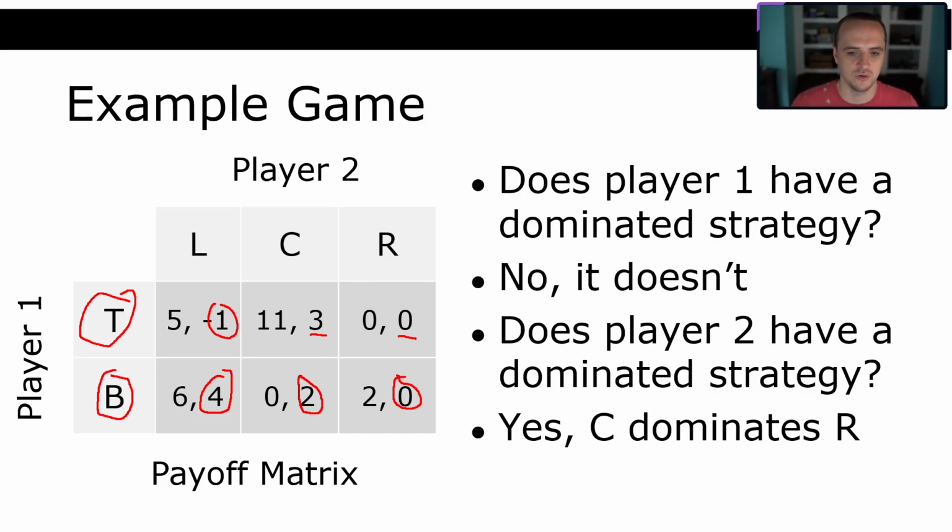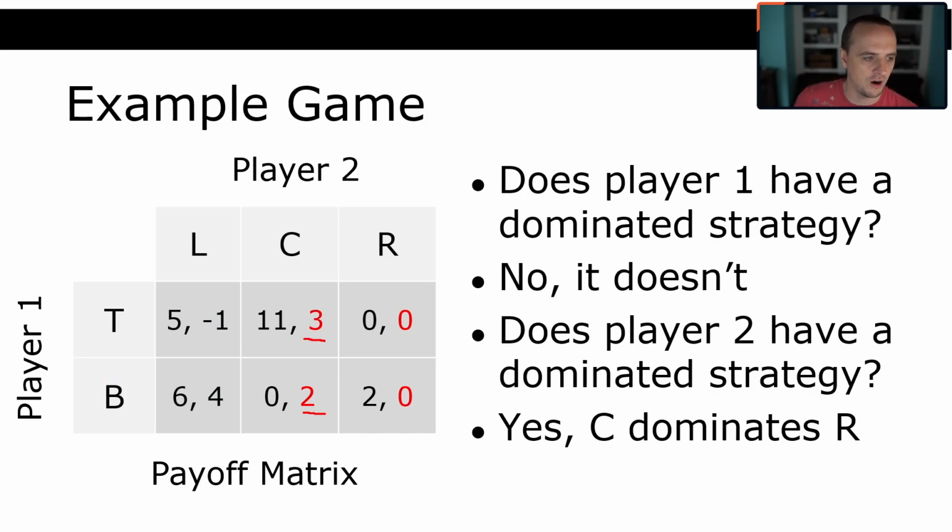That's not always intuitive at first glance. The moral of the story is that C always performs better than R, so we would never choose R. That's the only thing we take away from here. I'm not saying that you should choose C. I'm saying that you should never choose R. There's a big difference there. All right.